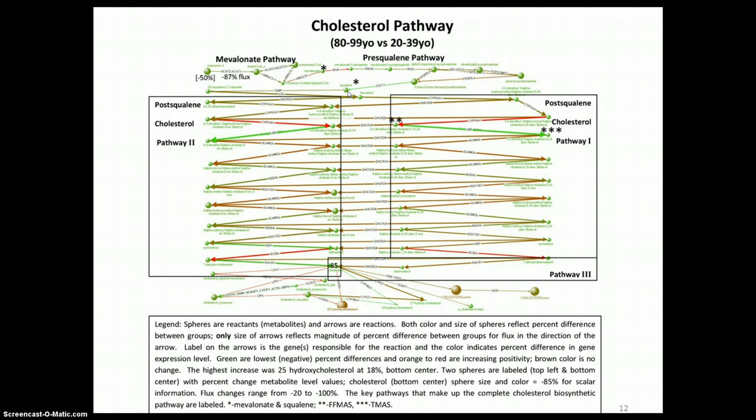And after squalene, there's three pathways: cholesterol pathway 1, 2, and 3. Cholesterol pathway 1 is lanosterol to zymosterol. Pathway 2 is lanosterol to lathosterol, and here's cholesterol down here, showing a negative 85, so I'll explain those in a moment. And pathway 3 is the desmosterol pathway.